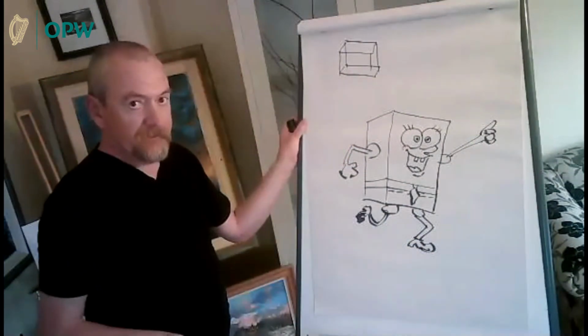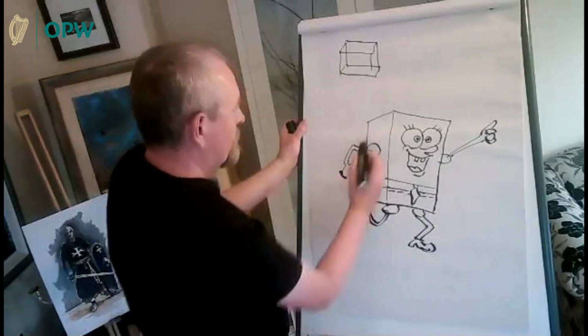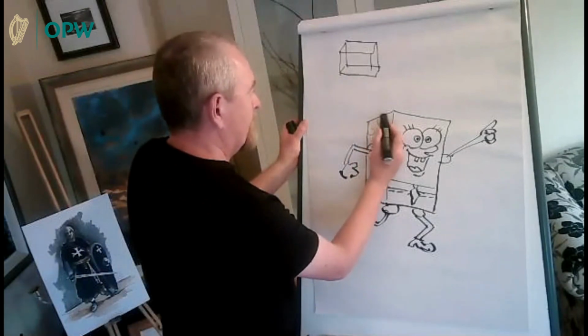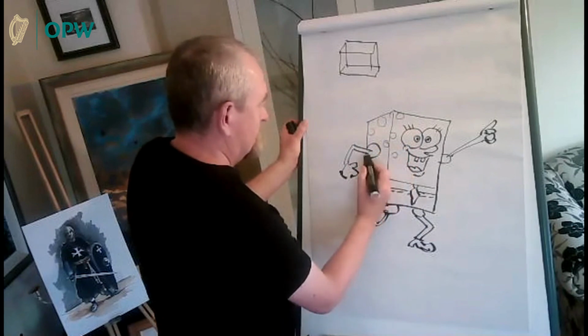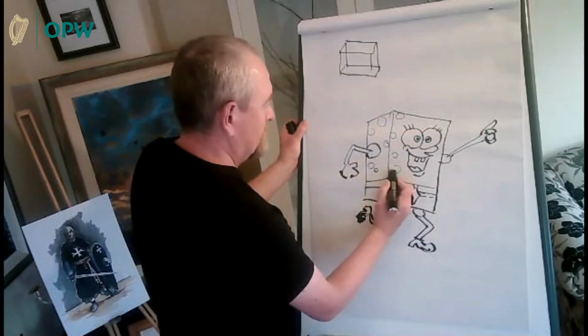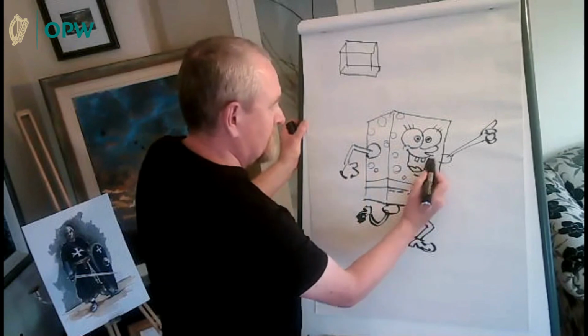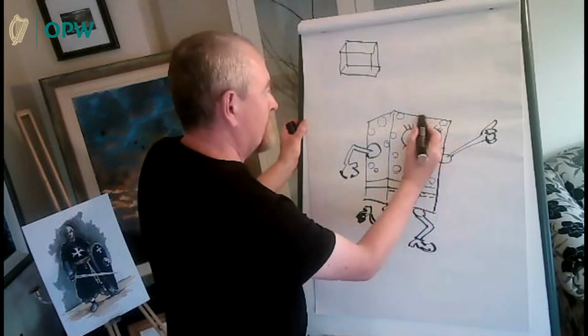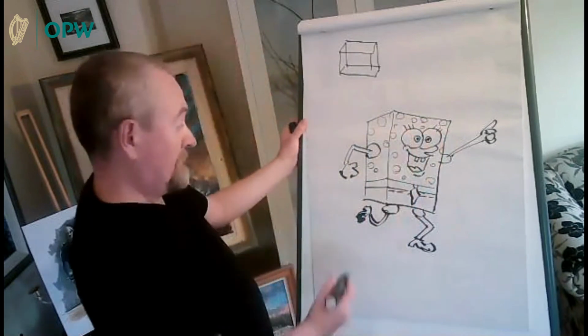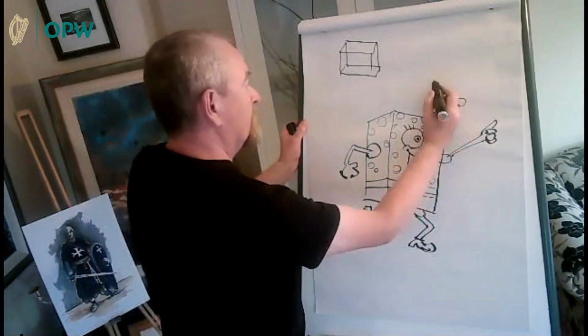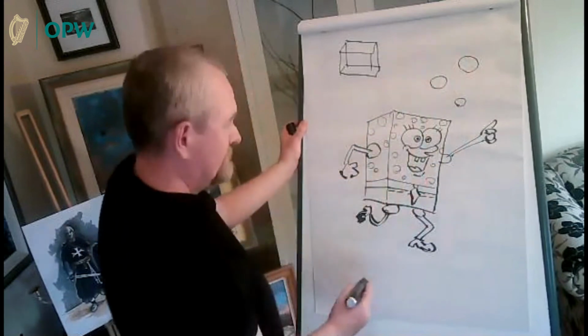So there we have SpongeBob. Now we can all go back later and add the details. Every sponge has holes. So it's one to try with your box shape. You can just do a couple of bubbles because he's under the sea, of course.